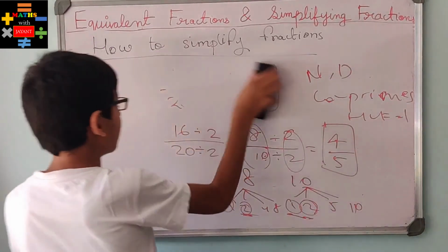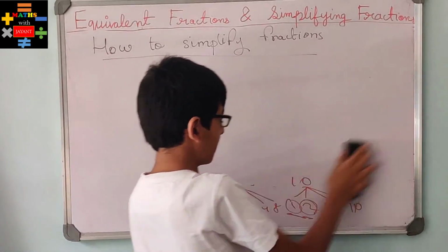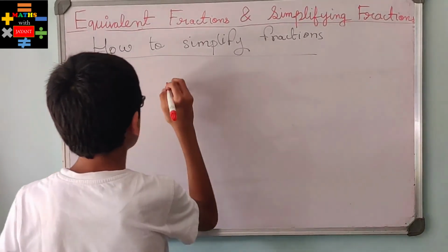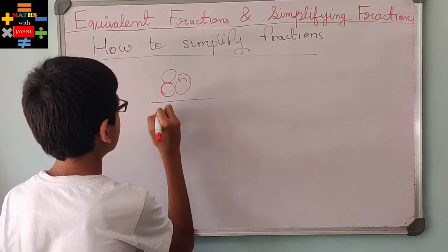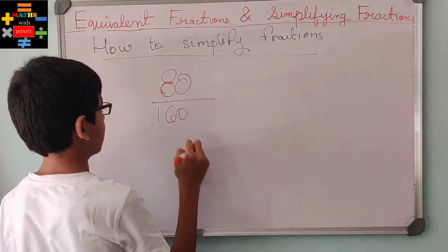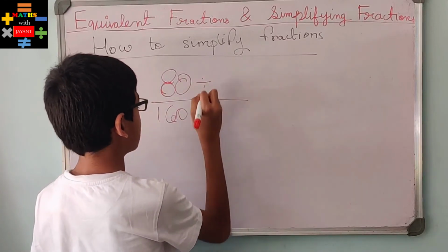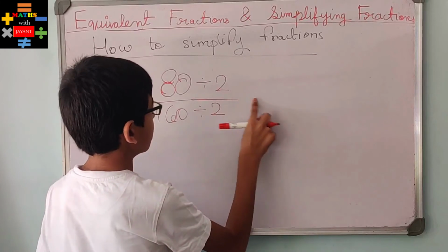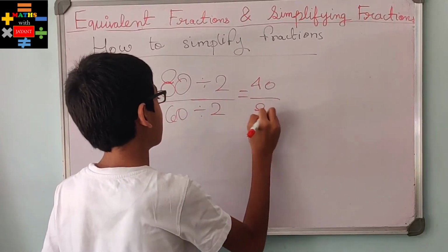Now let us solve another question to understand simplifying fractions more properly. So let us take 80 by 160. This is a big fraction. Let us start off with the repeated division method. 80 by 160, both are divisible by 2, so we can say 40 by 80.